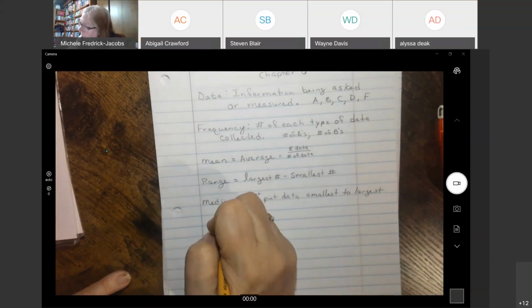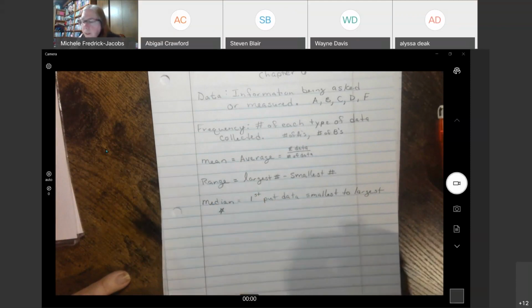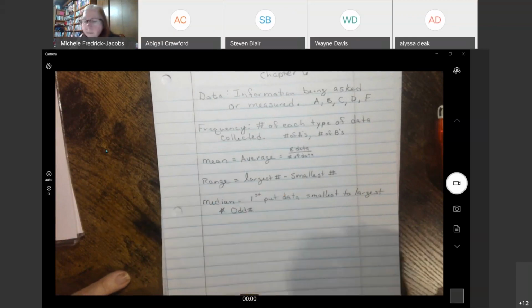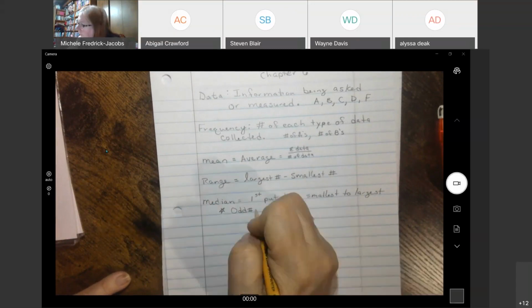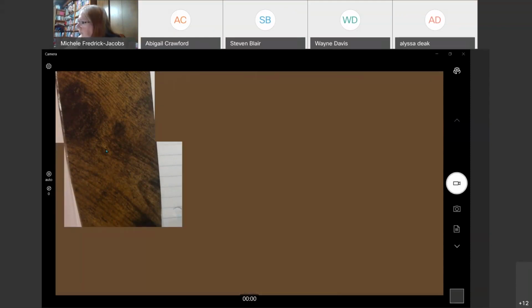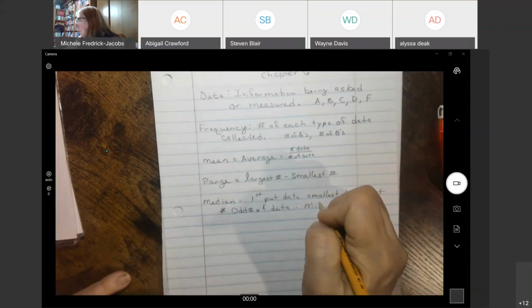And then there's two cases. One case is if it's an odd number of data, it's the middle number.